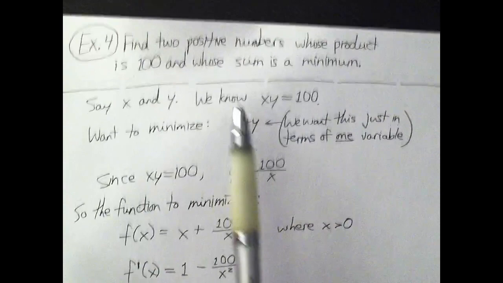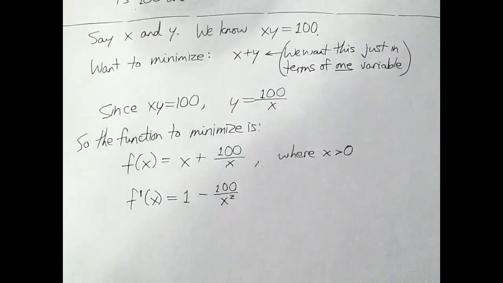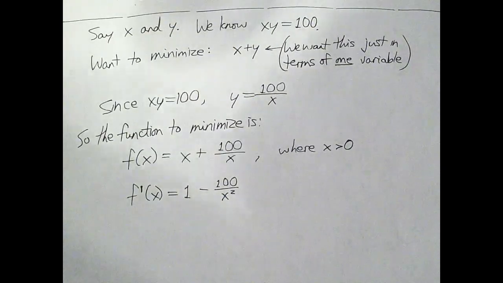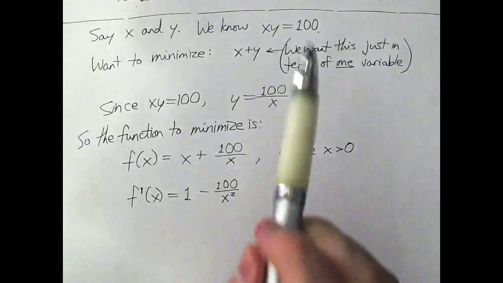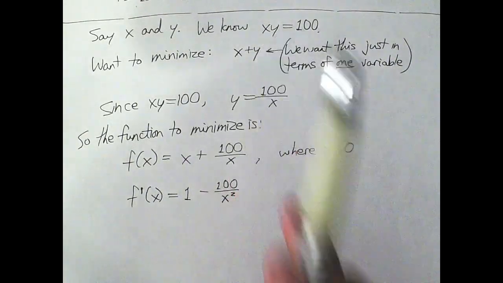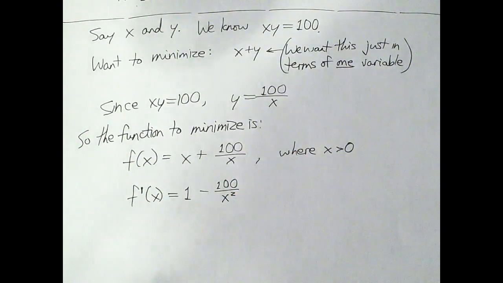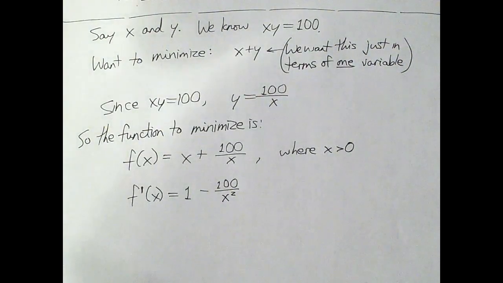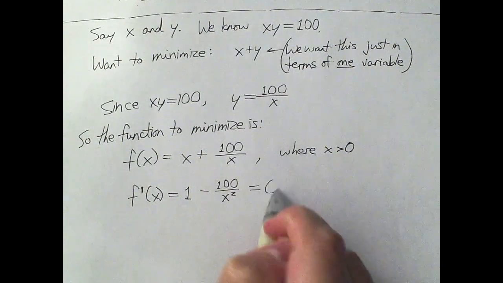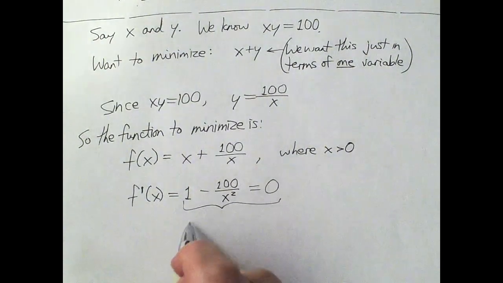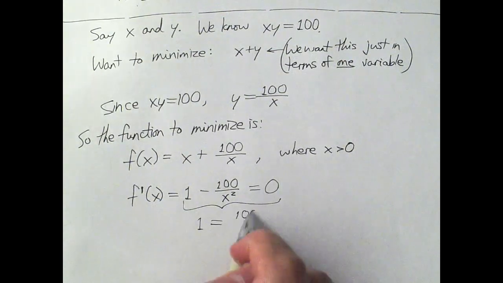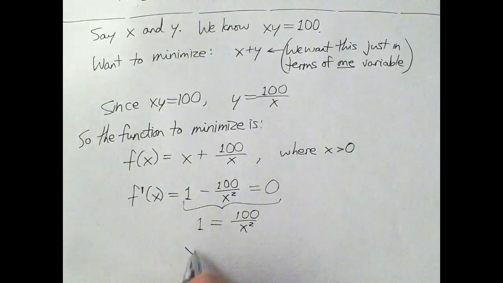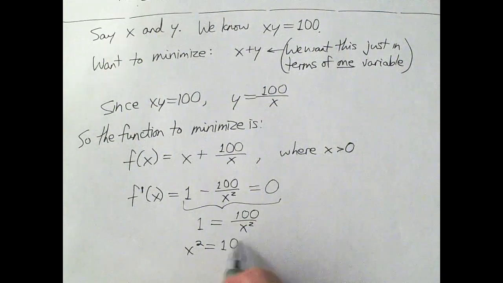It's not in the domain of f because it said x and y have to be positive. But anyway, I don't think that 0 would work because I don't think that 0 times anything is going to get you 100. So let's look for other critical values. Let's set this equal to 0 and solve for x. So I guess we get 1 equals 100 over x squared. So x squared equals 100.